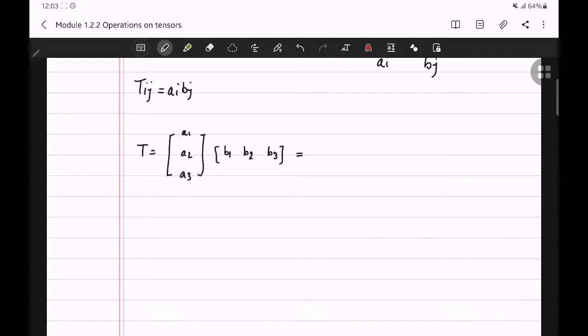So if you multiply A1 B1, A1 B2, A1 B3, A2 B1, A2 B2, A2 B3, you have A3 B1, you have A3 B2, and you have A3 B3.